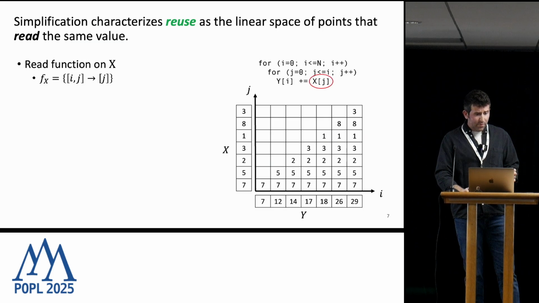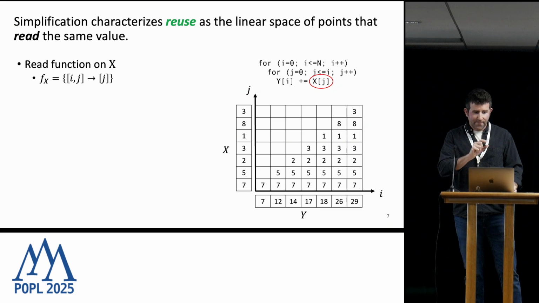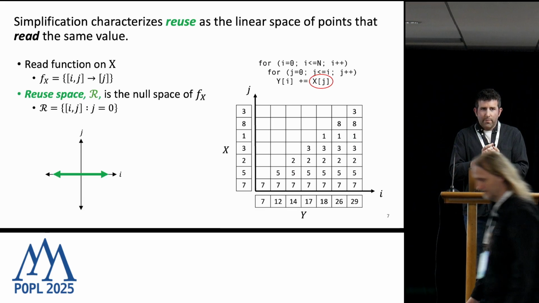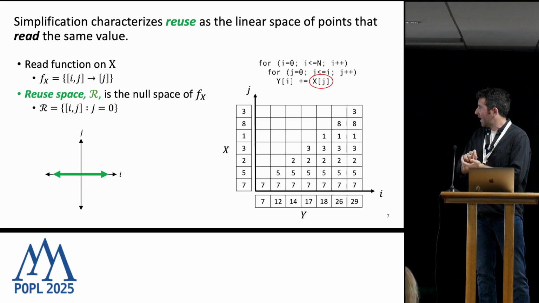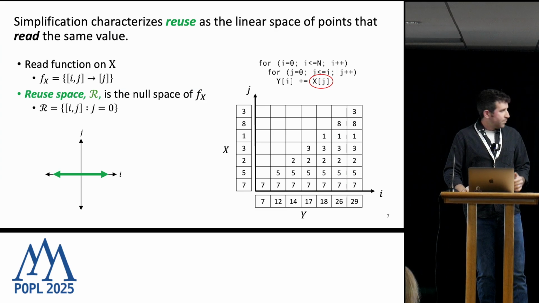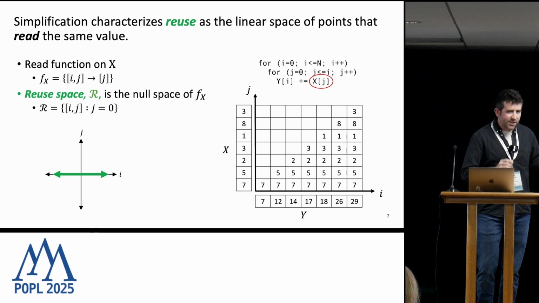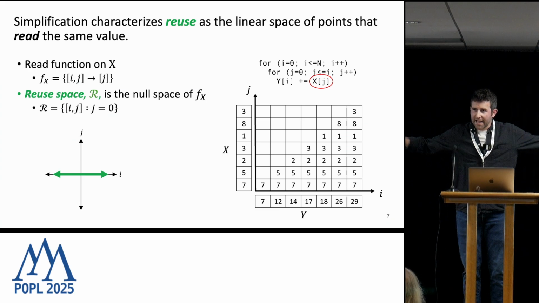In this example, we have a read function on x, that's the function i, j goes to j. And the null space of this is what I mean when I say the reuse space. The null space of this function is what characterizes the set of points that read the same value. So pictorially, what that means is, for our function i, j goes to j, the null space is the horizontal space along the i-axis.